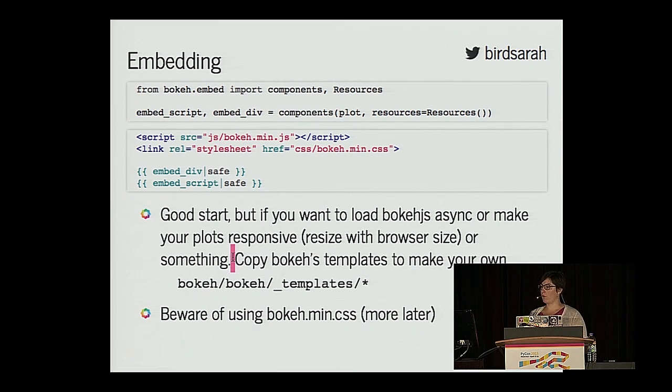It's pretty easy to roll this yourself because the things that make those script and div in the first place are just Jinja templates. So you can just go and copy and paste them from the Bokeh GitHub repo and then tweak them to your own needs. If you look in the code for this talk, you'll see me doing that, and I'm happy to answer more questions about it. And I'm going to talk about the CSS a little bit later.